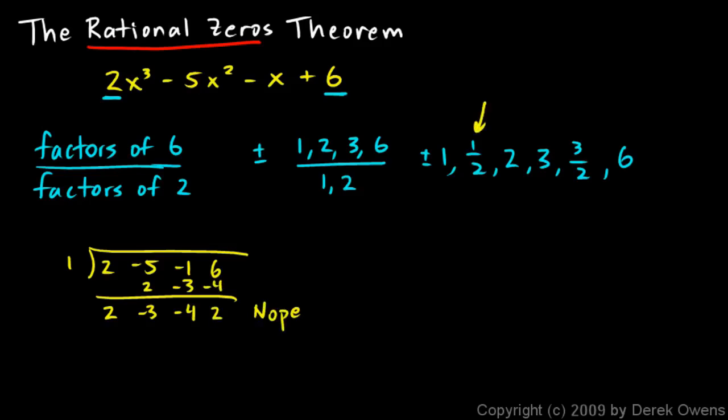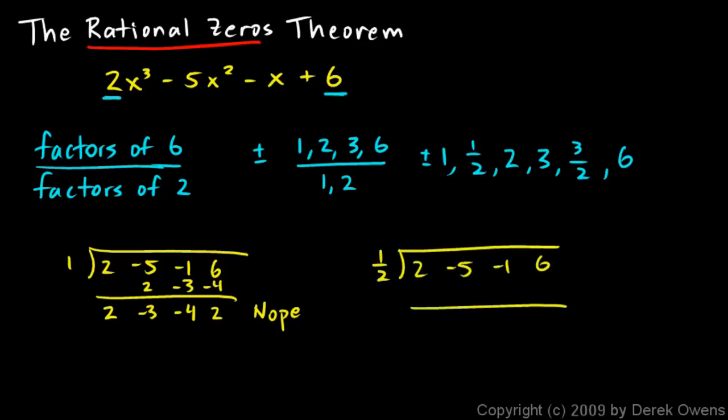So let's try the next one, 1/2. We'll set up the synthetic division here, 2, -5, -1, 6. And we bring down the 2. 2 times 1/2 is 1. And we add right here, and we get -4. -4 times 1/2 is -2.